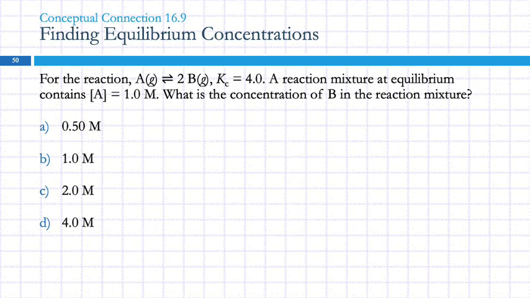So we don't really need to calculate, but we need to think about this. K is equal to 4, which is equal to the concentration of B squared over the concentration of A. And we're told that A is 1, right? So then 4 is equal to B squared, and B must be 2. Any questions?